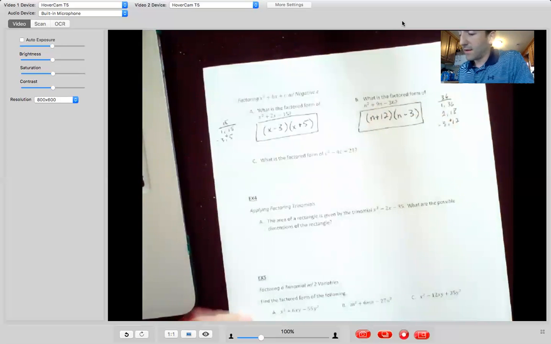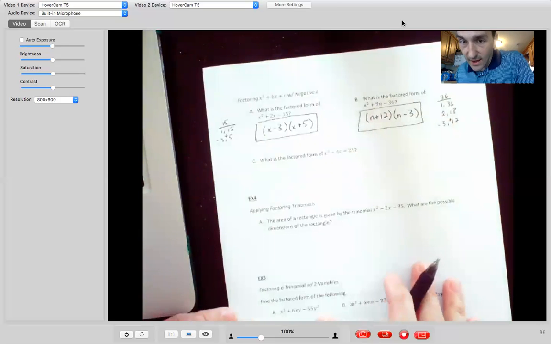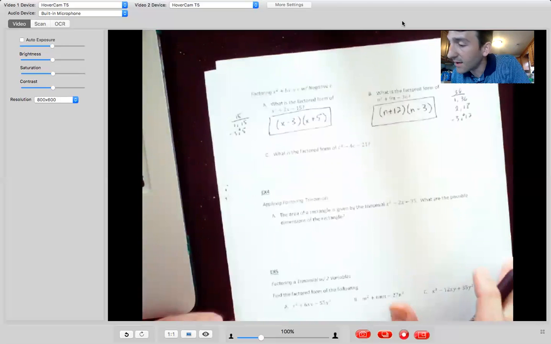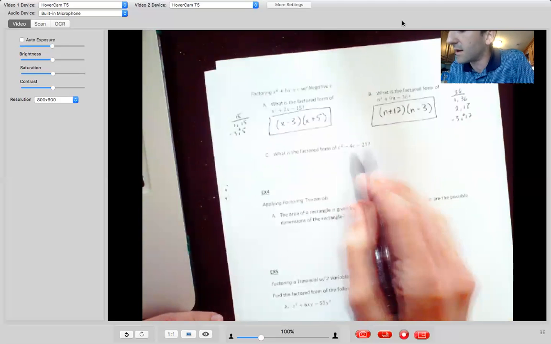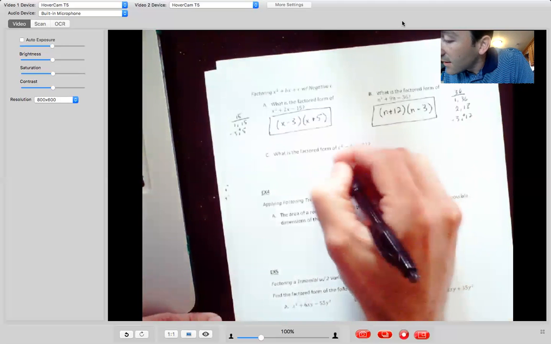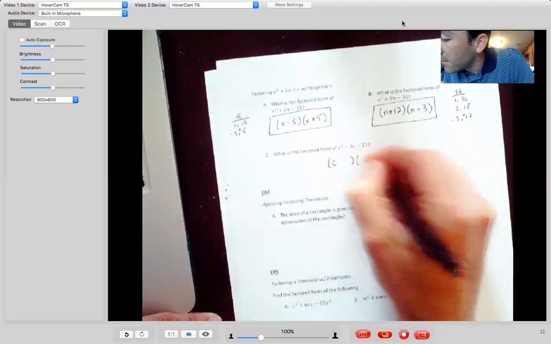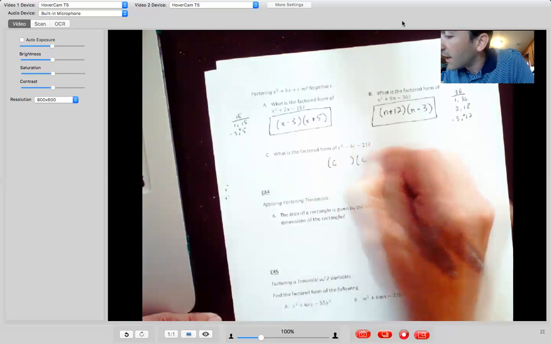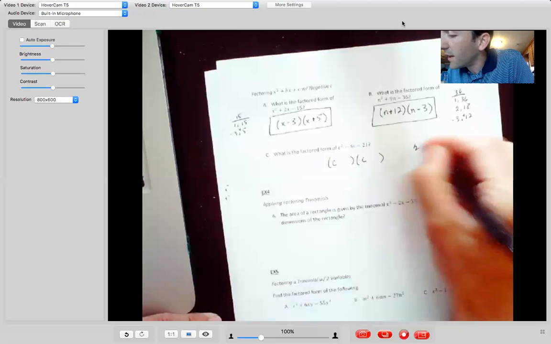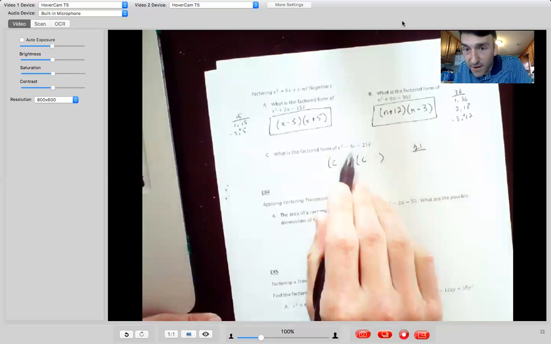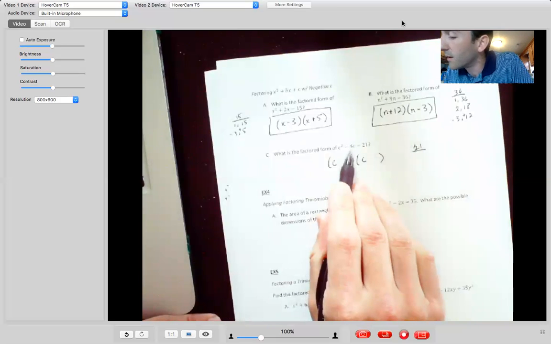All right, and then the last one, hard to see because of the glare. It says c squared minus 4c minus 21. So start out with c plus or minus something times c plus or minus something. Looking at factors of 21 here, we want a pair of factors of 21 that are 4 apart.